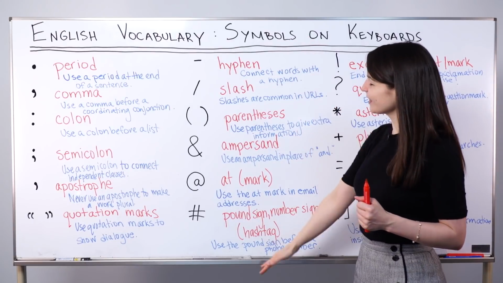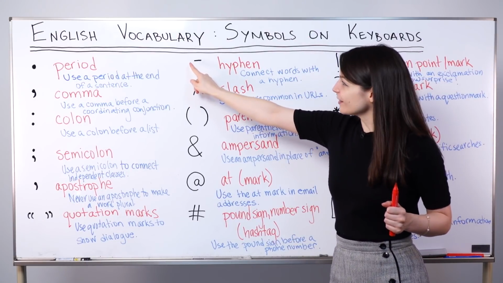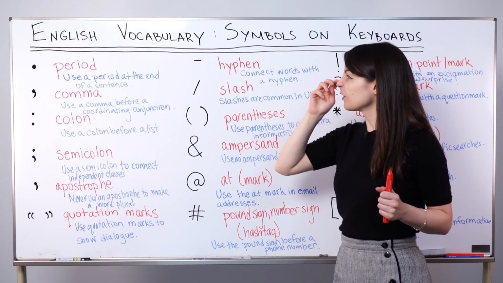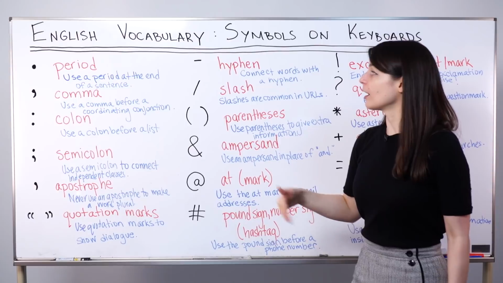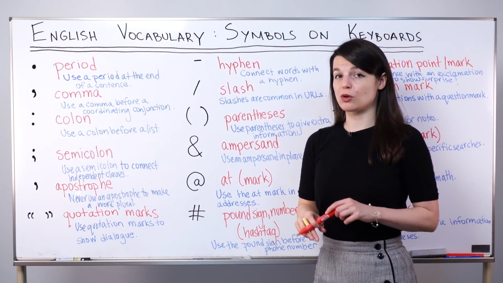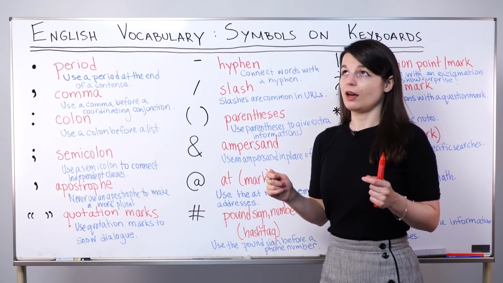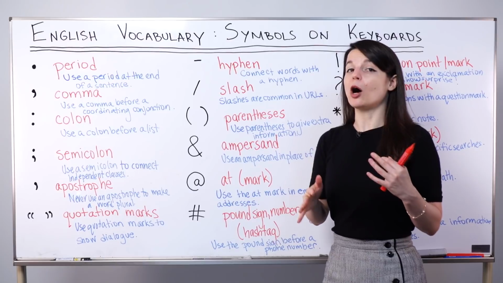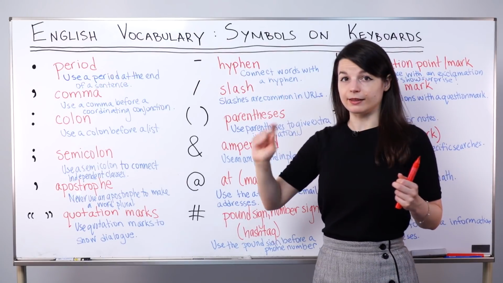The next list starts here with this hyphen. This is a very short mark, a very short horizontal dash. Please keep in mind there are a couple of other dashes that we use in English writing, but you don't find those typically on keyboards, or they're not as commonly used from the keyboard. A hyphen, however, is on the keyboard.